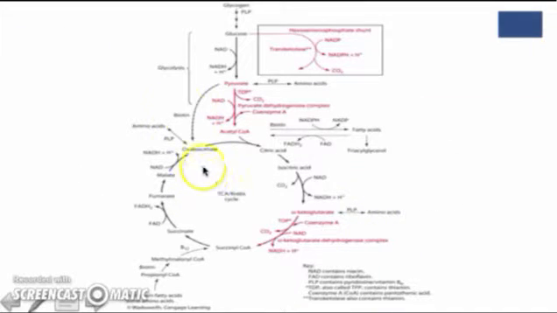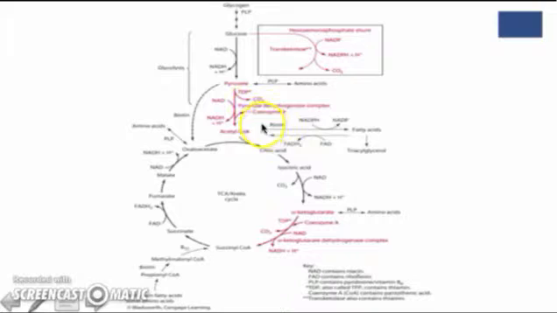So we're going to see a diagram here that's going to be highlighting a number of these reactions where we see biotin involved. So first here we see biotin as a coenzyme for the conversion of this propionyl-CoA to methylmalonyl-CoA, and we see that that's going to allow for eventual conversion to succinyl-CoA and oxidation through the Krebs cycle. Next we see biotin here in the process of fatty acid synthesis.